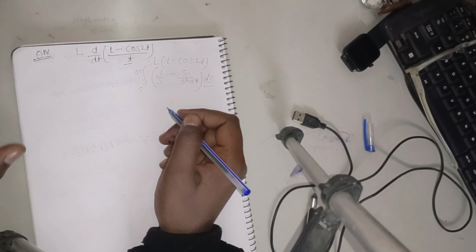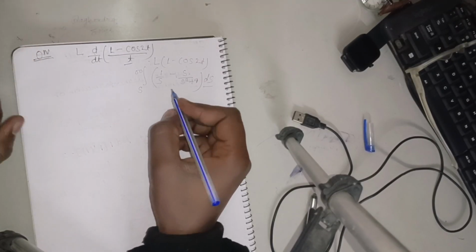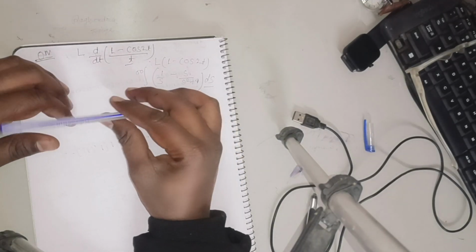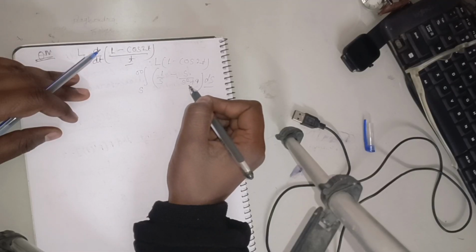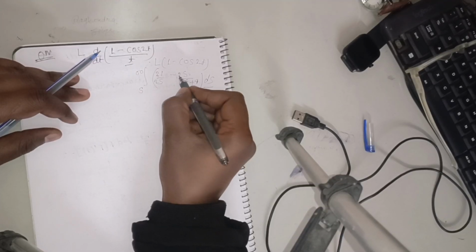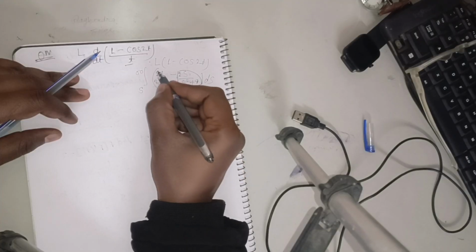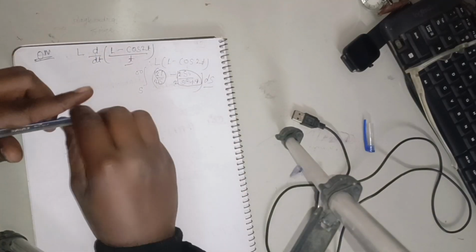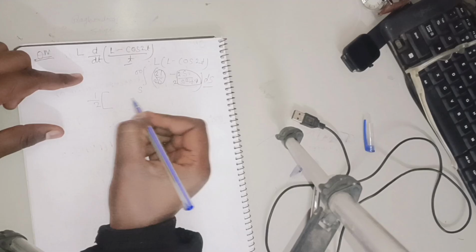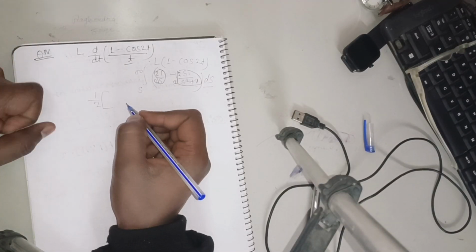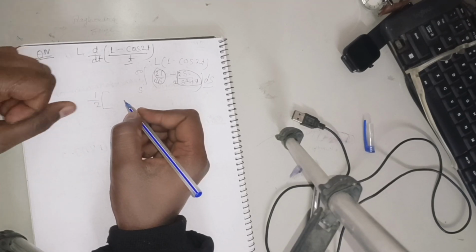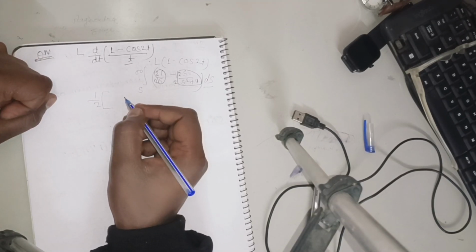So now I'll just balance it: multiply by 2, divide by 2. I can take 1 by 2 common. So 1 by 2 I have taken common.